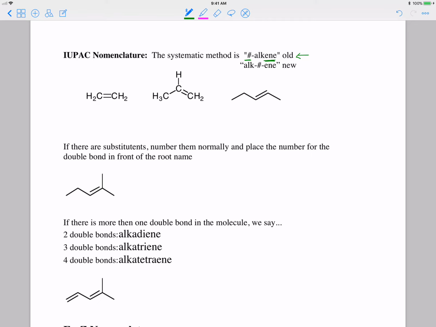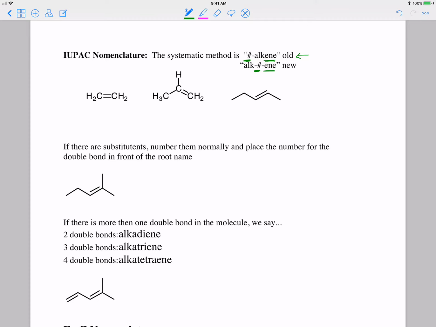The new way of doing it is just taking where the number is and putting it in the middle of it right before the ENE, indicating that it's a double bond. So take the alkane name, drop ANE, add ENE, and then either put the number in front for the old way or put the number right before the ENE for the new way.